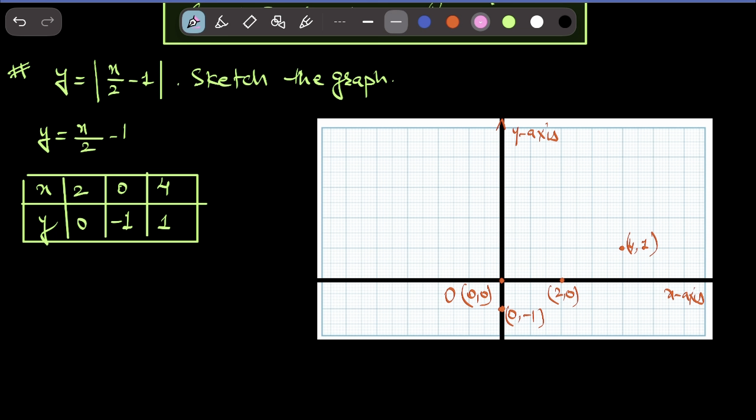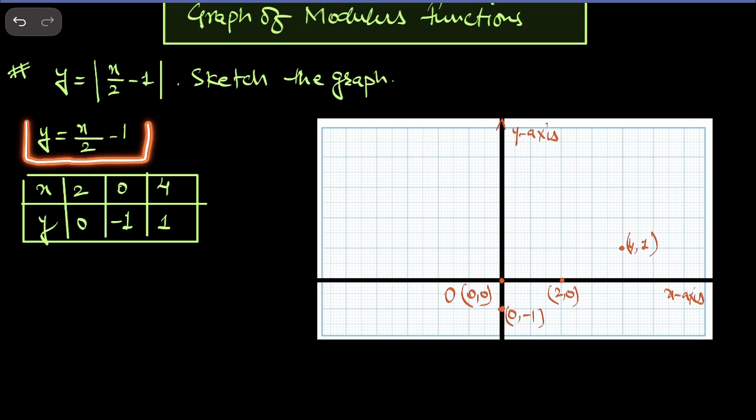Okay, let's come to the very important part now. Initially, when we were plotting the graph of this function, we removed the modulus sign. But actually, there are modulus signs. So we need to understand that y can never be negative. But here in the second case, we are getting y as negative.